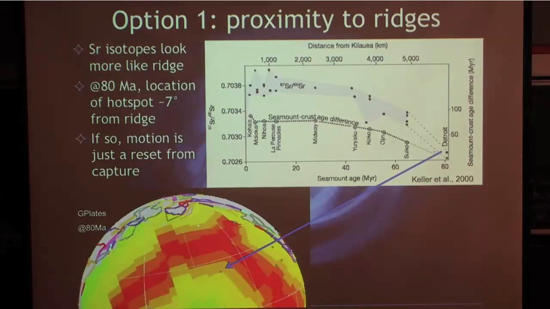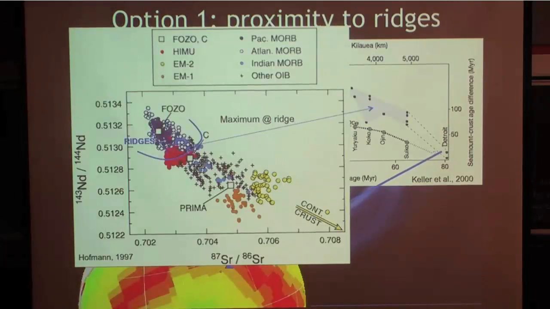I should have just put this on the slide. Once you get down to that level of 702-ish, you're down into this area here. All these blue circles are all MORB-like compositions. So the Hawaiian chain, as you get close to the top end of the Emperors, basically looks like MORB.